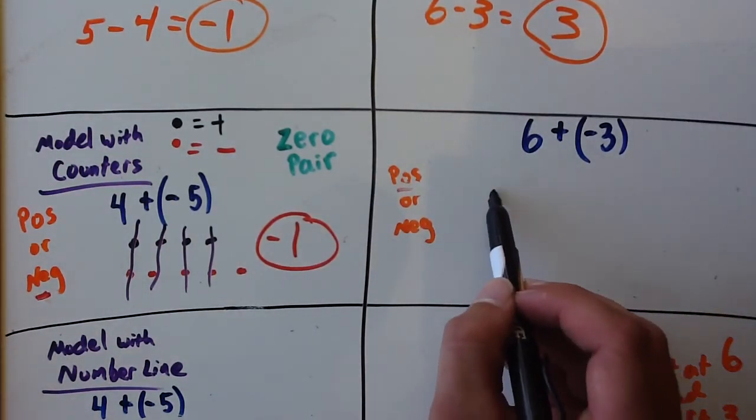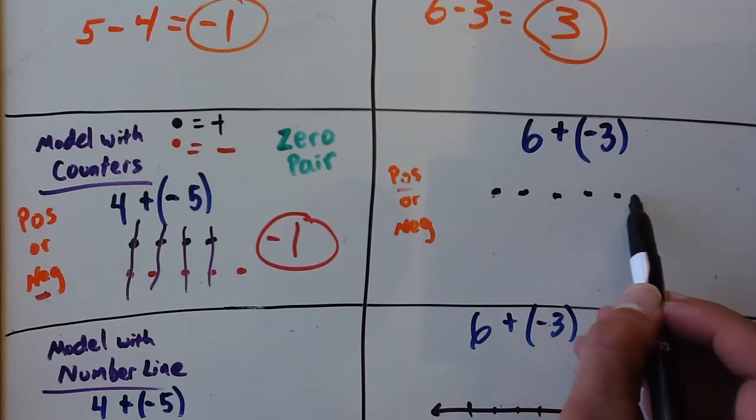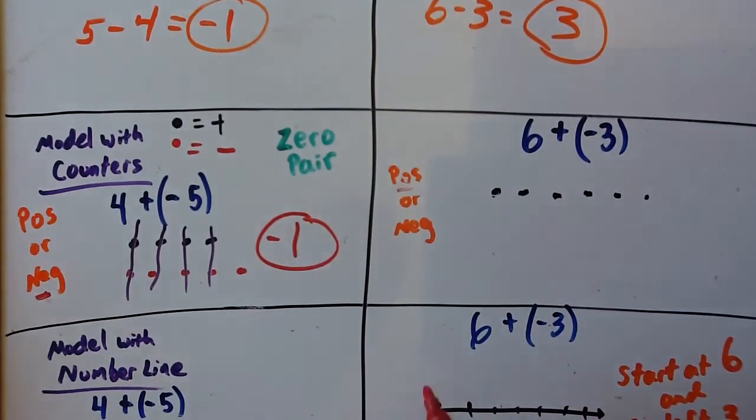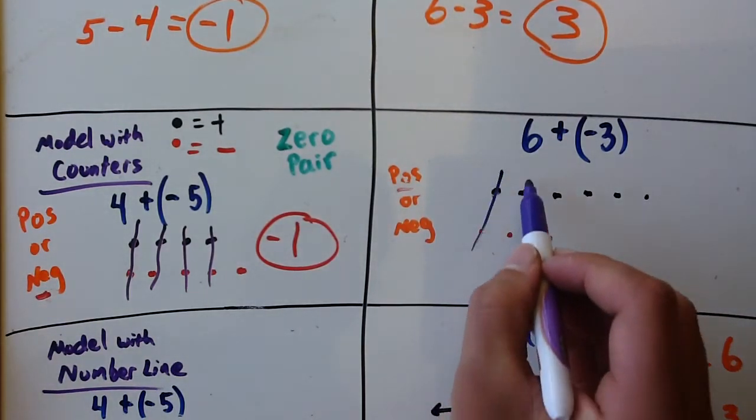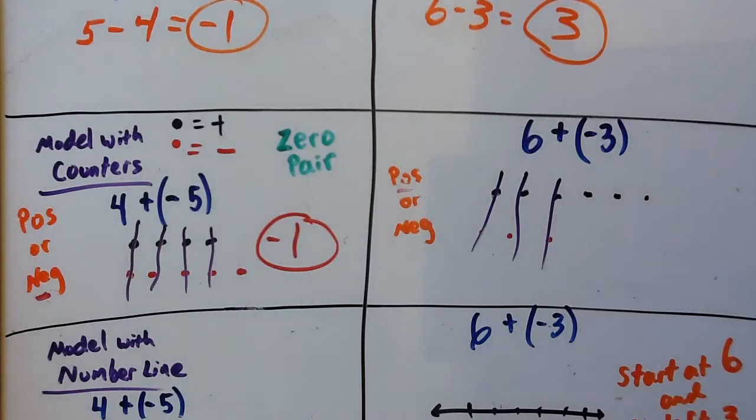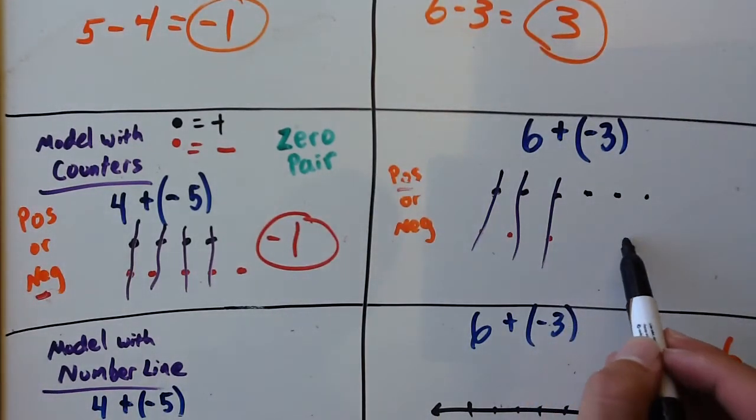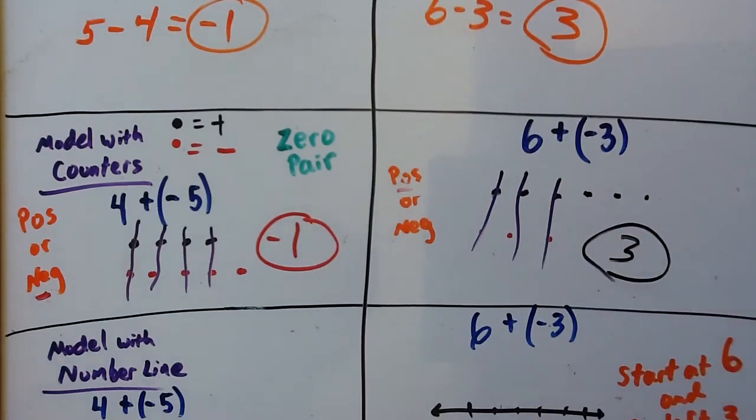I have 1, 2, 3, 4, 5, 6 positives, and I only have 1, 2, 3 negatives. Let's cancel out the 0 pairs. 1, 2, 3. There's 3 0 pairs that cancel out, and all I'm left with is 1, 2, 3 positives. So 6 plus negative 3 is positive 3.